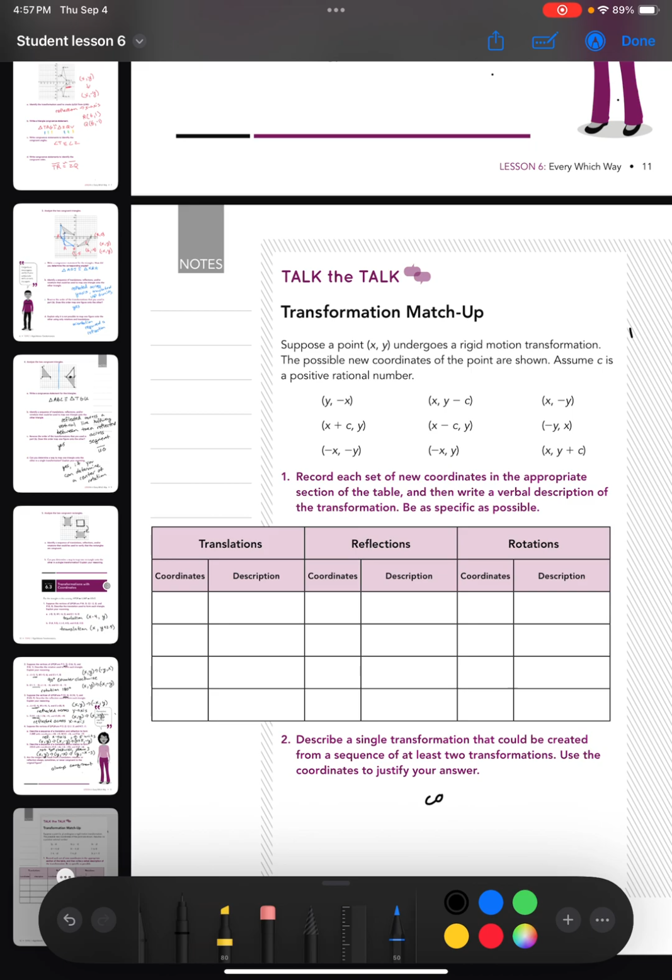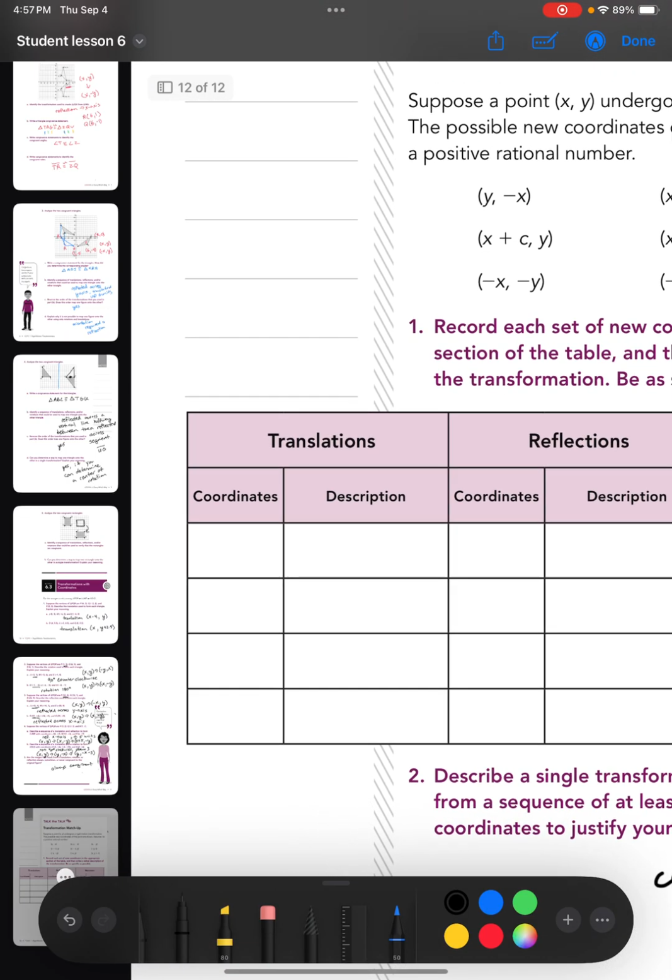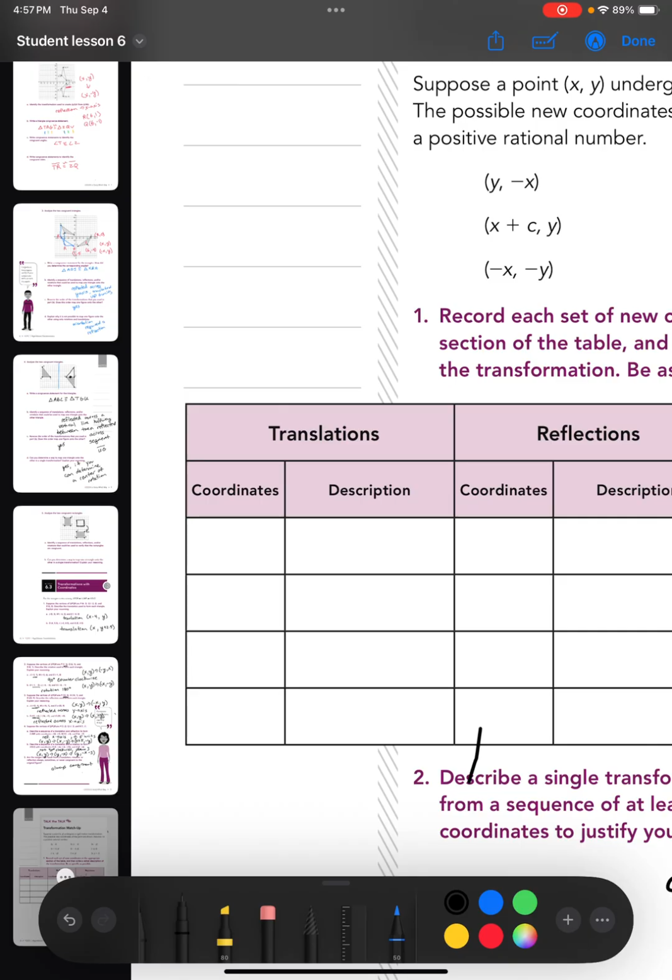So again, translations are always going to just have a plus or minus to the x or y. So x plus c, x minus c, y plus c, y minus c. If we fill those in, translations we could have (x + c, y), we could have (x - c, y), we could have (x, y + c), and we could have (x, y - c).